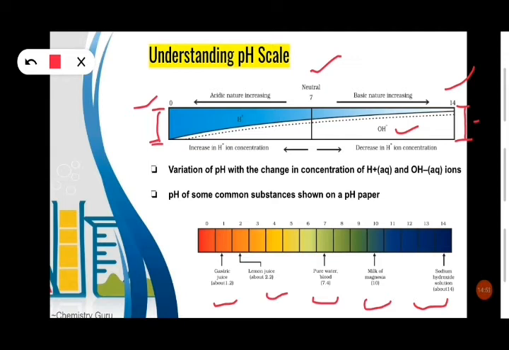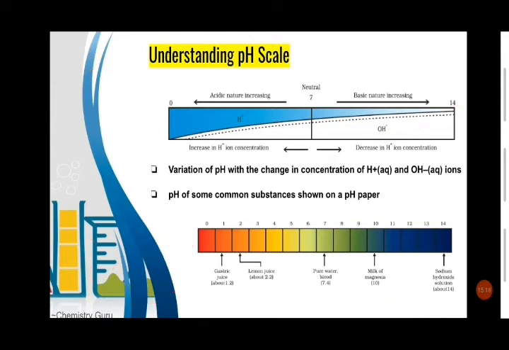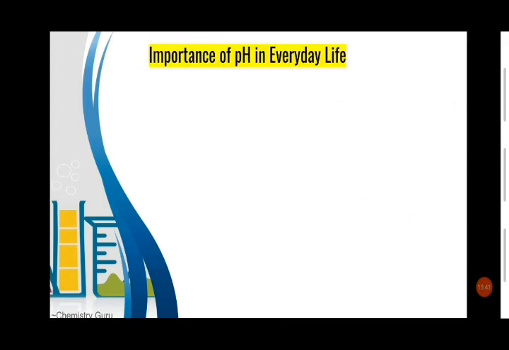So the most acidic one is the gastric juice here, which is showing pH 1.2, and the most basic one is 14, which is for sodium hydroxide solution, right? So depending on the pH number, we can find out the strength of an acid or a base.